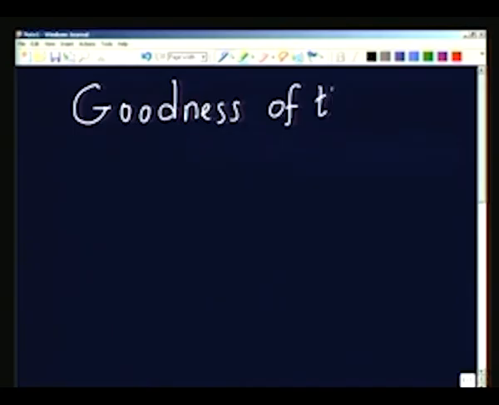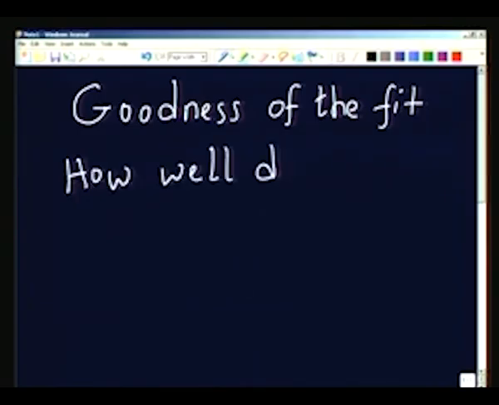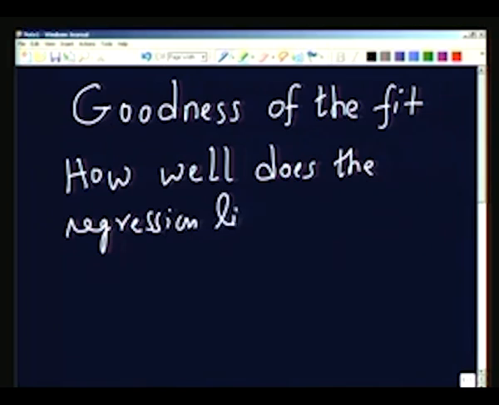So the question we are going to ask is about the quality of the fit, which is also referred to as the goodness of the fit. The question is, how well does the regression line represent the data.